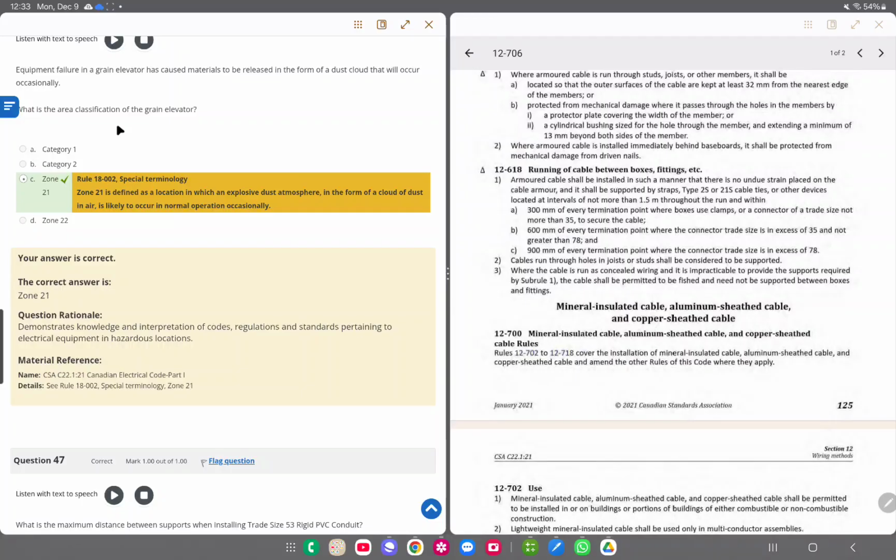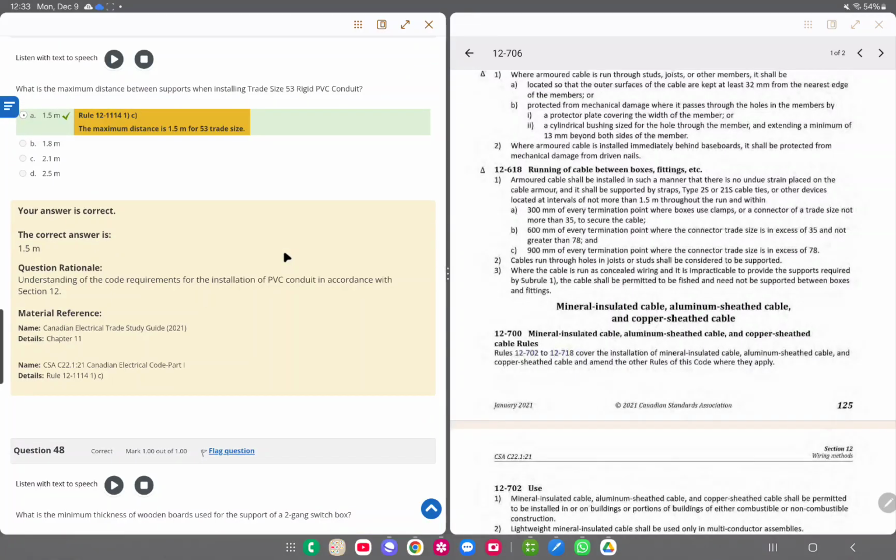You go to rule 18-002, definitions, special terminologies. Zone 21 is defined as a location in which an explosive dust atmosphere in the form of a cloud of dust in air is likely to occur in normal operation occasionally.